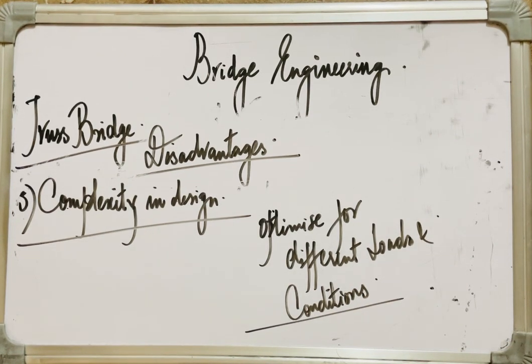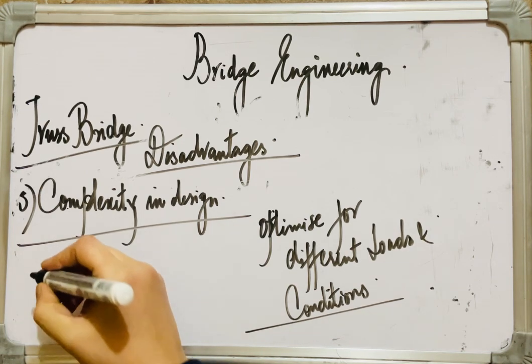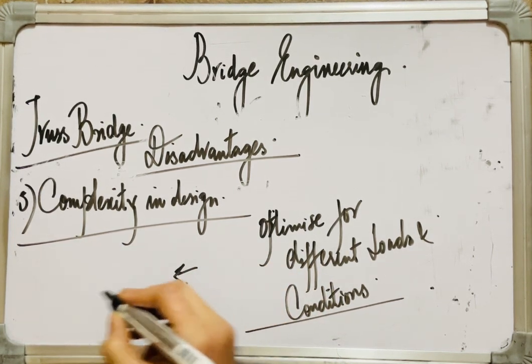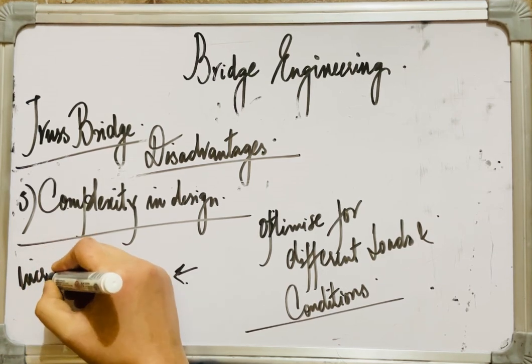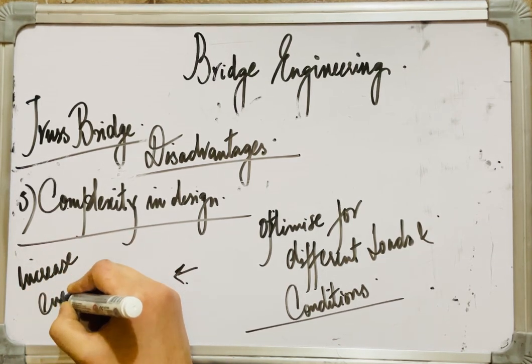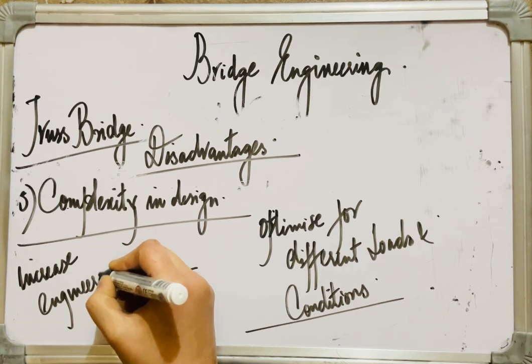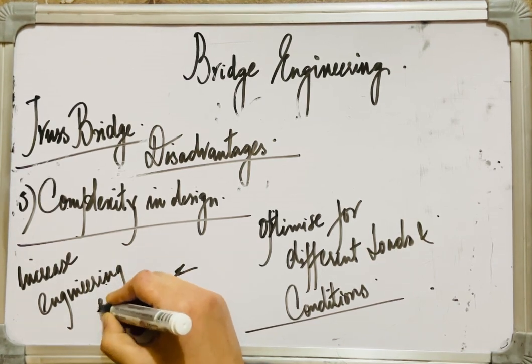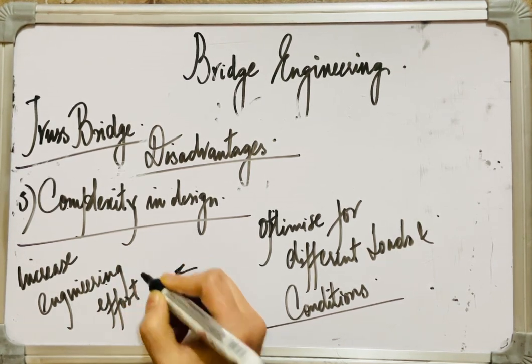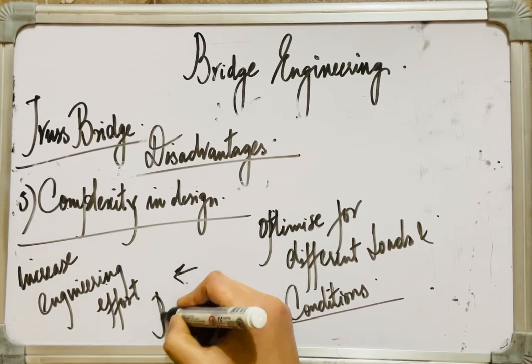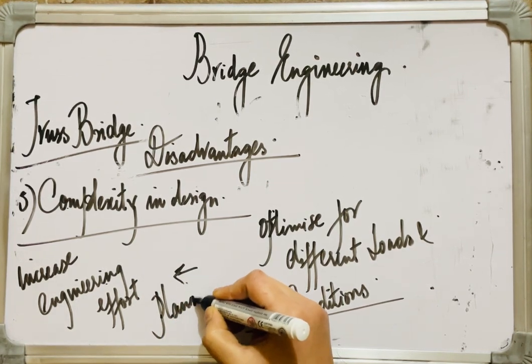Their design can become quite complex when we are optimizing for different loads and conditions, and this can increase our engineering effort and the time required for planning and construction. All this can lead to an increase in our engineering effort and the time required for planning and construction of these truss bridges.